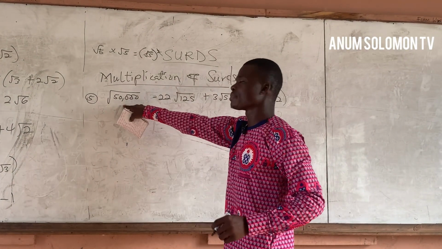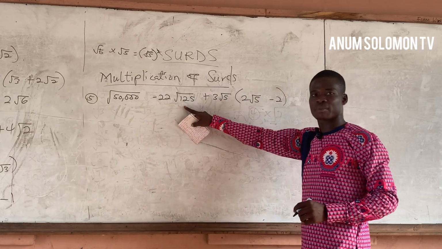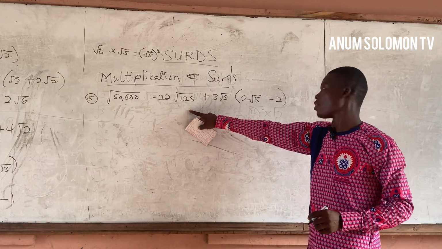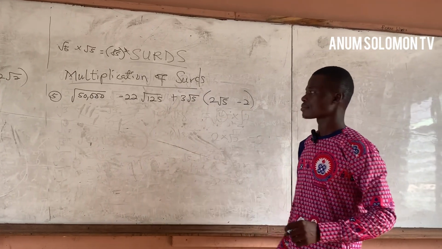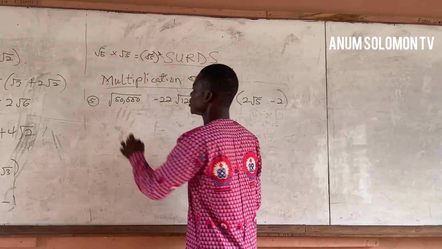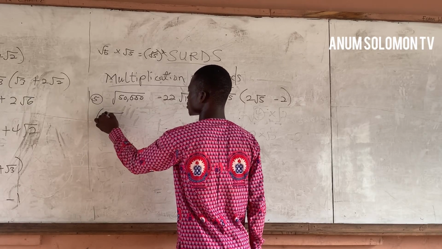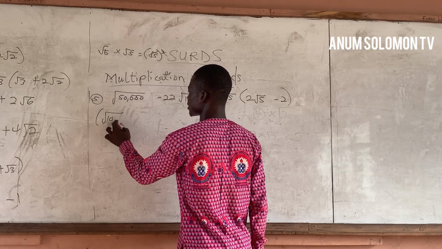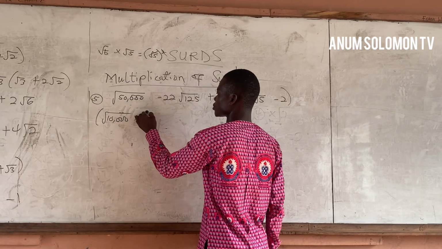This is not in its basic form. We have to reduce it to basic form. And this one is an expansion of this bracket. So now let's move on. The factors of 50,000. We have root of what? 10,000 times root of what? 5.